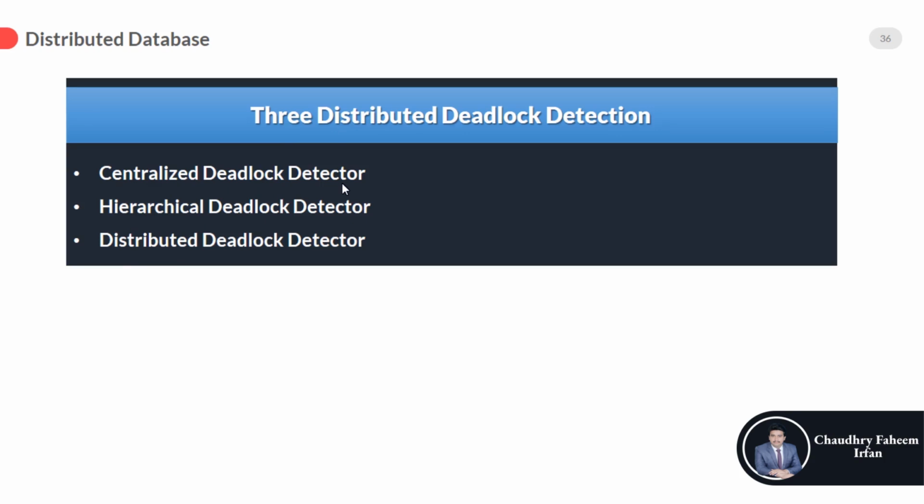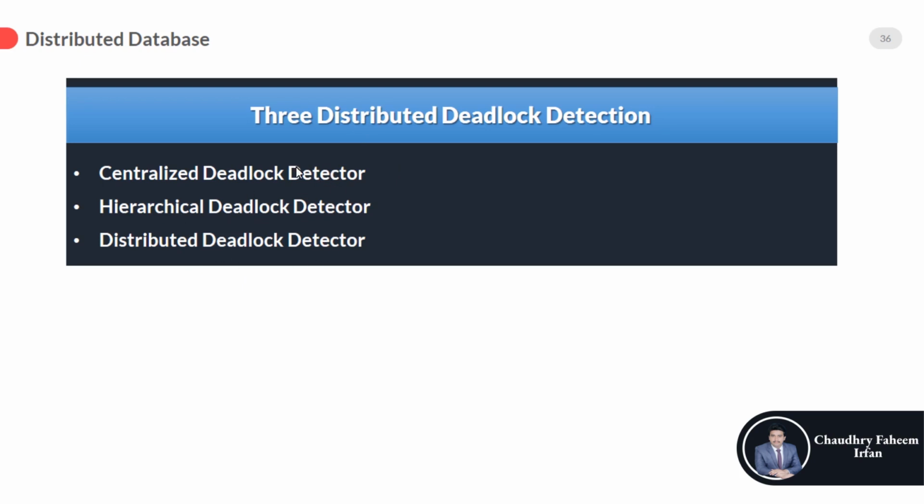Hierarchical deadlock detection: a number of deadlock detectors are arranged in a hierarchy, like at step 1, then step 2, then step 3. So there are a number of deadlock detectors that can detect the deadlock in hierarchical deadlock detection. But in centralized there is only one.